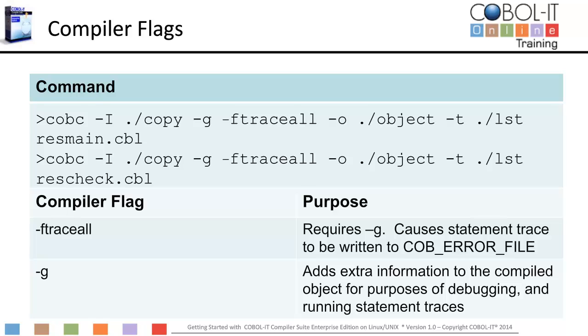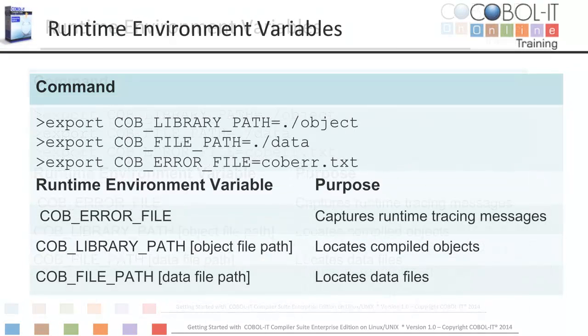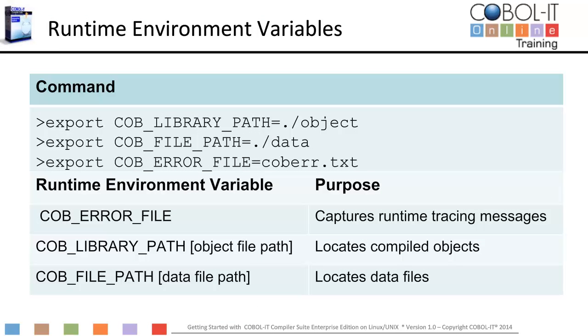Let's quickly review the runtime environment variables required for our exercise. We will use the COBOL library path, COB file path, and COBOL file environment variables in this exercise. The COBOL file environment variable is required if you are doing a statement trace.